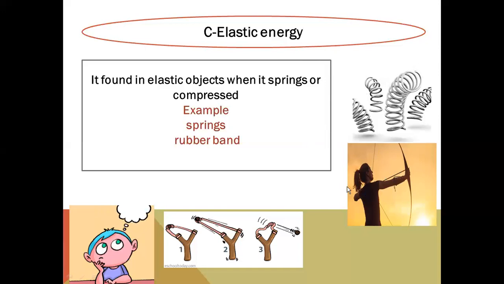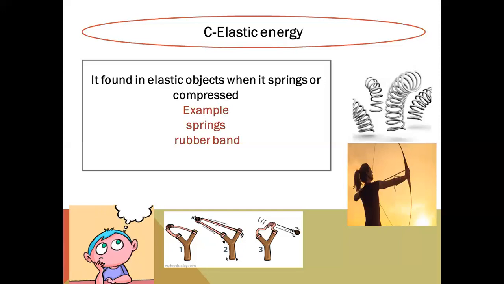The same figure applies for the rubber bands, and you must understand one, two, three. The first one shows that the greater the stretch, the more elastic energy is stored to push a stone placed in the rubber band. That is an example of elastic energy, to help you understand.